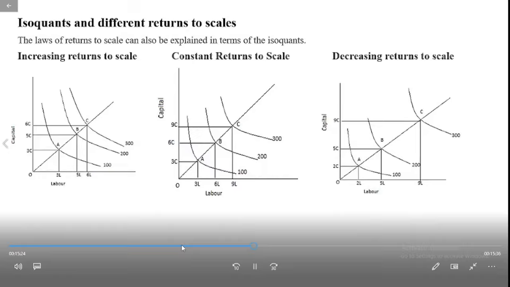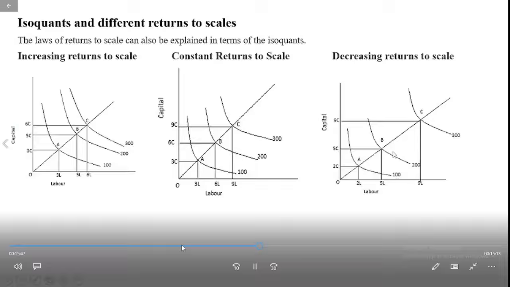Then there is decreasing returns to scale. When there is decreasing returns to scale, what happens? We need more and more units of labor and capital to produce an additional 100 units of output. So first, suppose we need only 2 units of capital and 2 units of labor to produce 100 units of output.